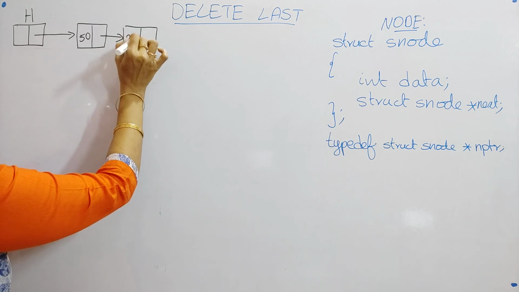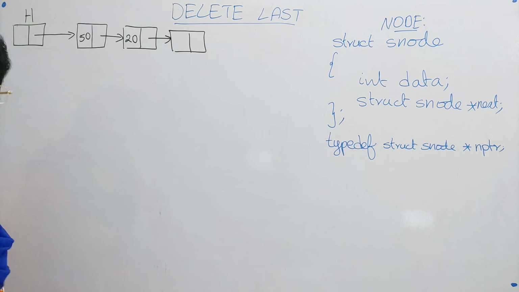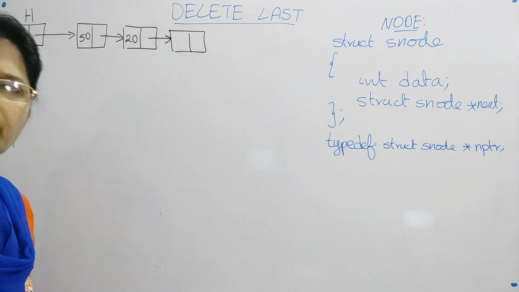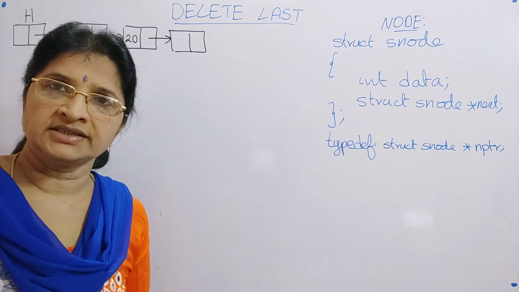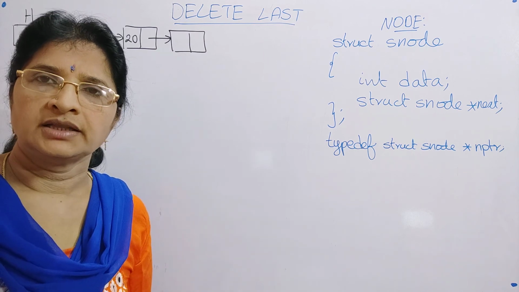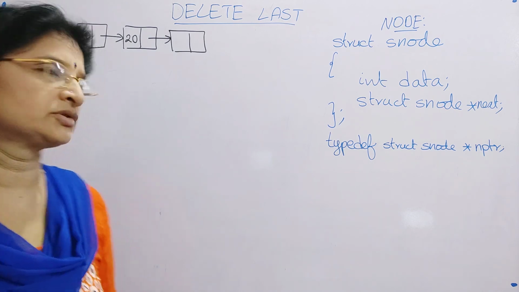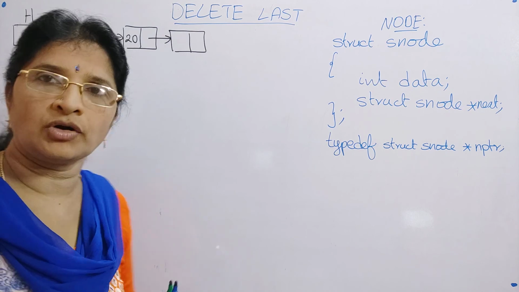I am having a list of some number of nodes, so some 20. Here assume that the list is not ordered. Depending upon our application, you can create a list that is having ordered values, and also you can create a list that is not ordered. For the time being, I am assuming that it is not ordered.